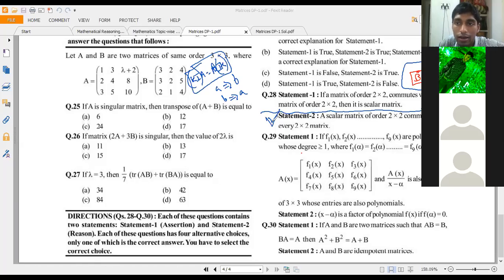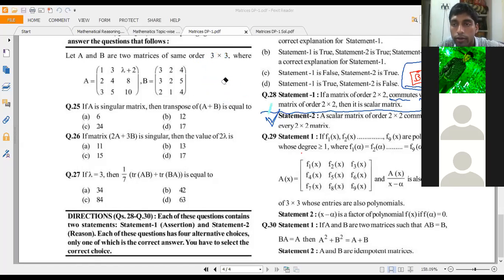If it is a scalar, then it will commute. But if a matrix commutes, is it scalar? That we checked, and we saw that if a matrix is commuting with every other matrix, then that matrix has to be a scalar matrix. Okay, this fellow proved it systematically by doing all that.